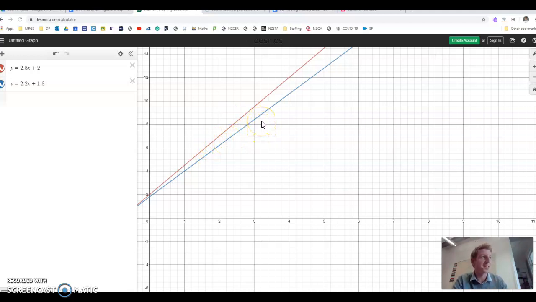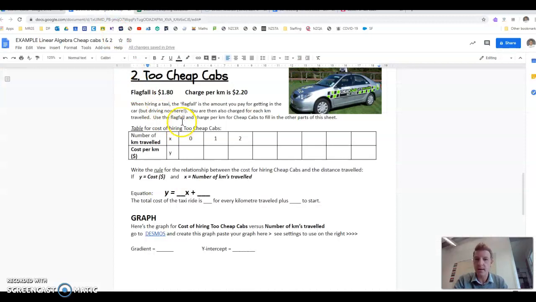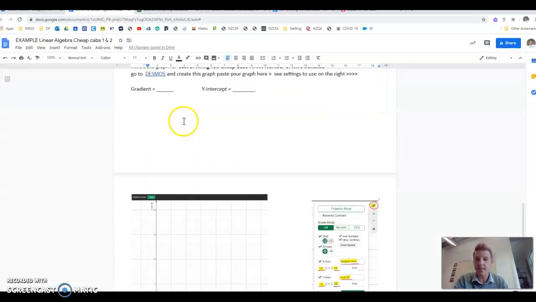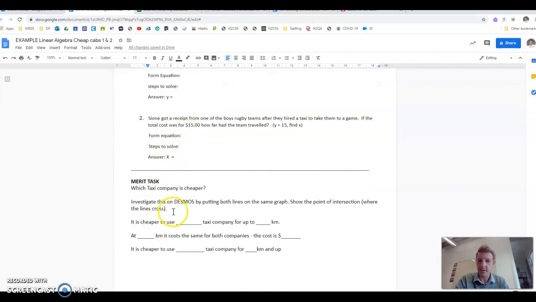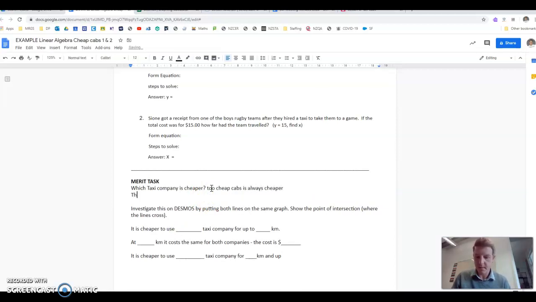So we'll do that in the next activity. What we can just say is this blue line is always cheaper. So if I look here, Two Cheap Cabs for the merit section is always going to be cheaper. The lines do not intersect. That's all we have to do.